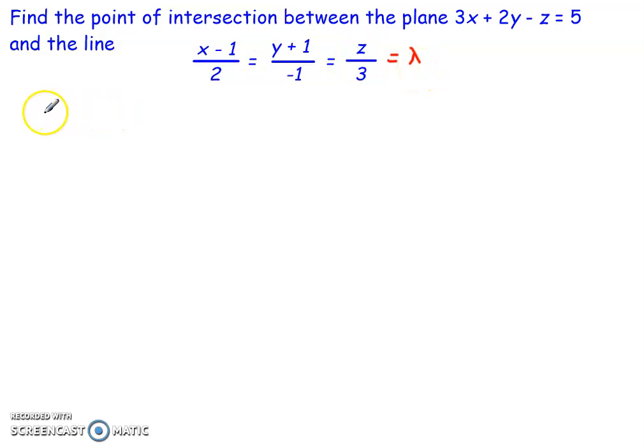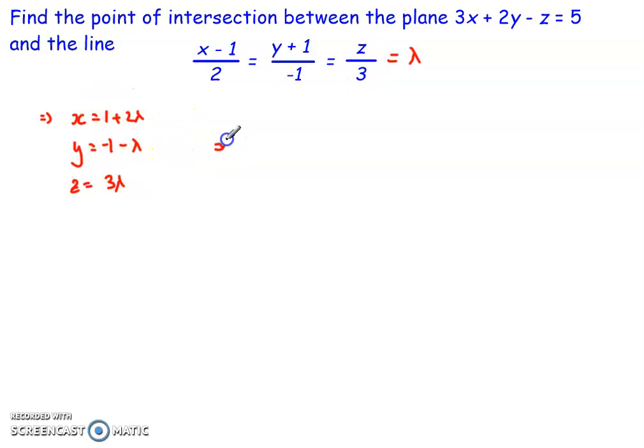So if I were to do that, I could rearrange the equation of the line to look like x equals 1 plus 2 lambda, y equals negative 1 minus lambda, and z, quite simply, equals 3 lambda. There's no number on the top with it, so that doesn't shift across and give me a number here.